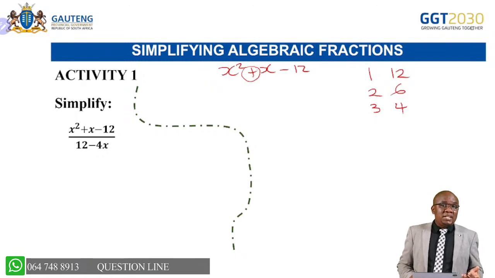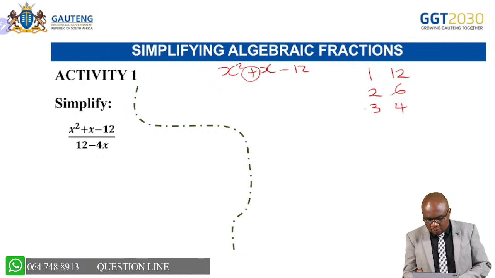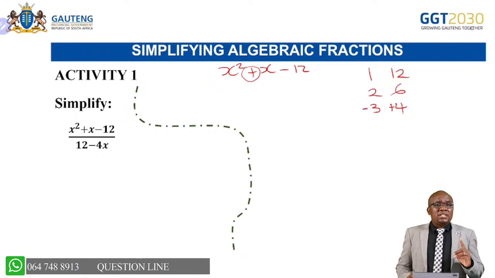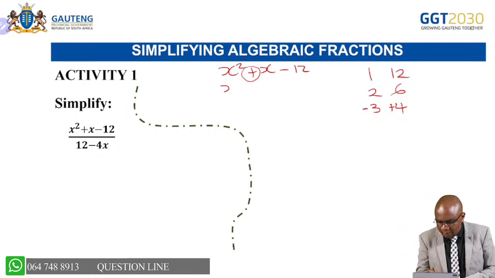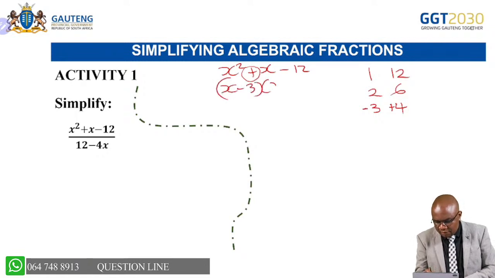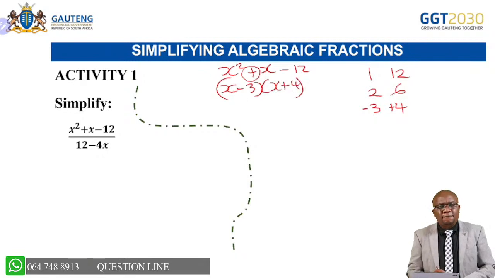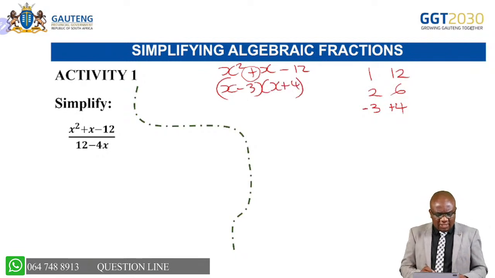But which one is going to be negative now? The smaller one must be negative and the bigger one must be positive. You see that? Then 4 times negative 3 is negative 12. 4 minus 3 is 1. So we can create our brackets: x minus 3, x plus 4. We have factorized the numerator, this one.